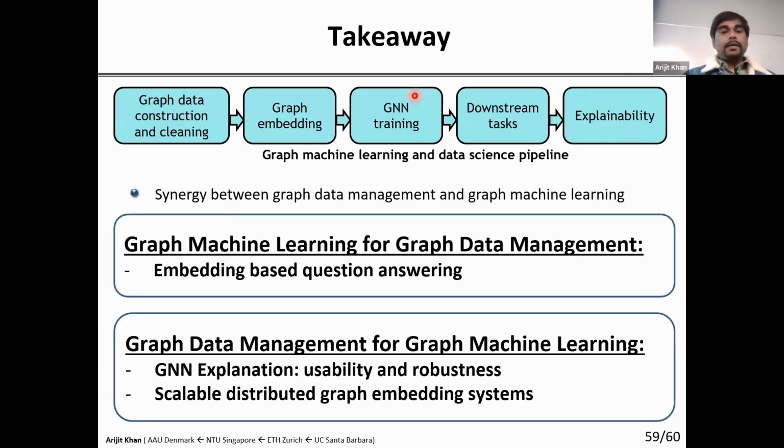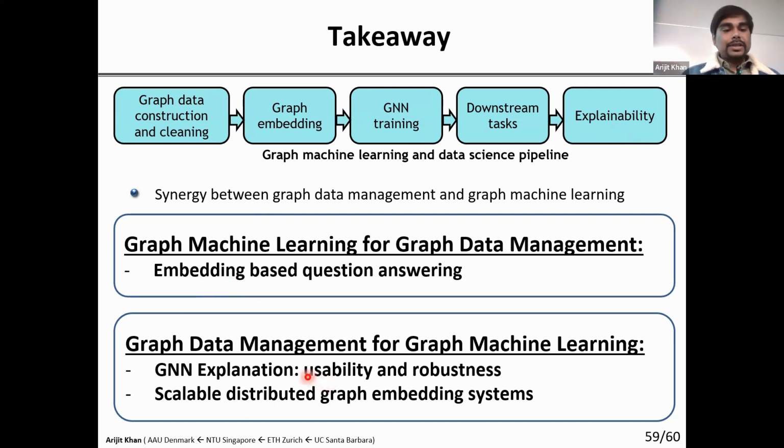Now, the main takeaway of the overall talk is that we looked into the data pipeline of graphs in the context of machine learning. It goes through a number of phases, and what we are looking into is how data management and machine learning can tightly integrate and help each other at each stage of this pipeline. In particular, in the context of explainability, I have discussed how graph data management techniques such as graph views, fairness, robustness, parallelization, etc., can make the explanations much more user-friendly.